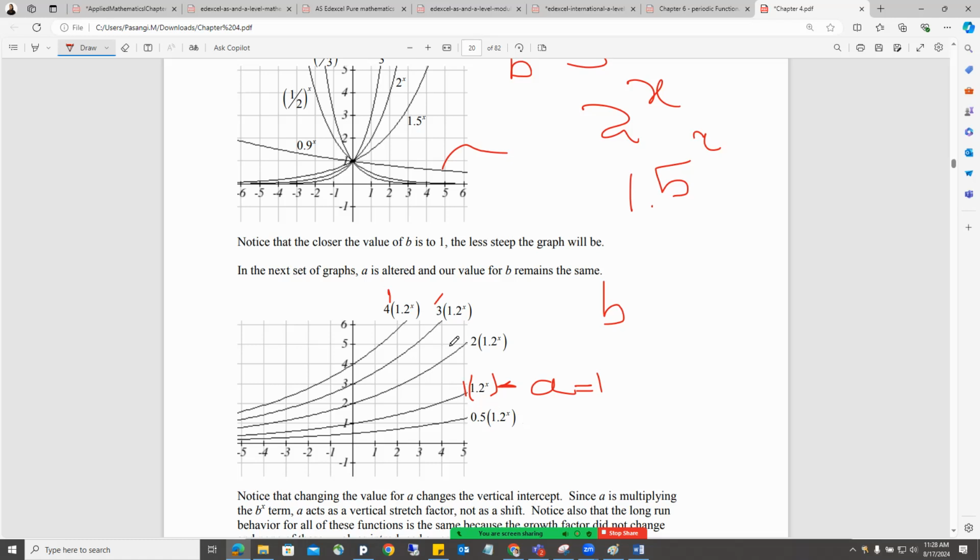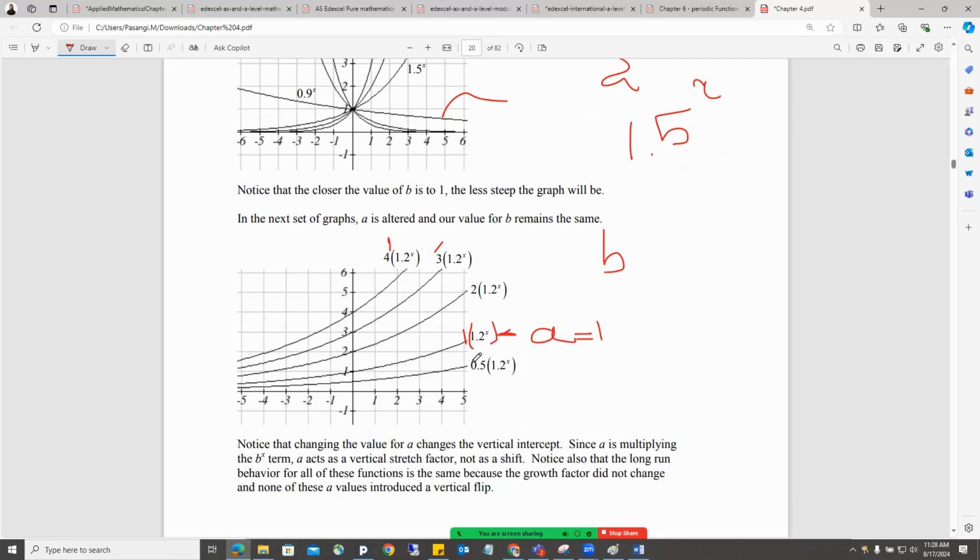Okay, now see how it works. When the value of a is increased, you can see from that value a, we can decide where this has its vertical intercept.